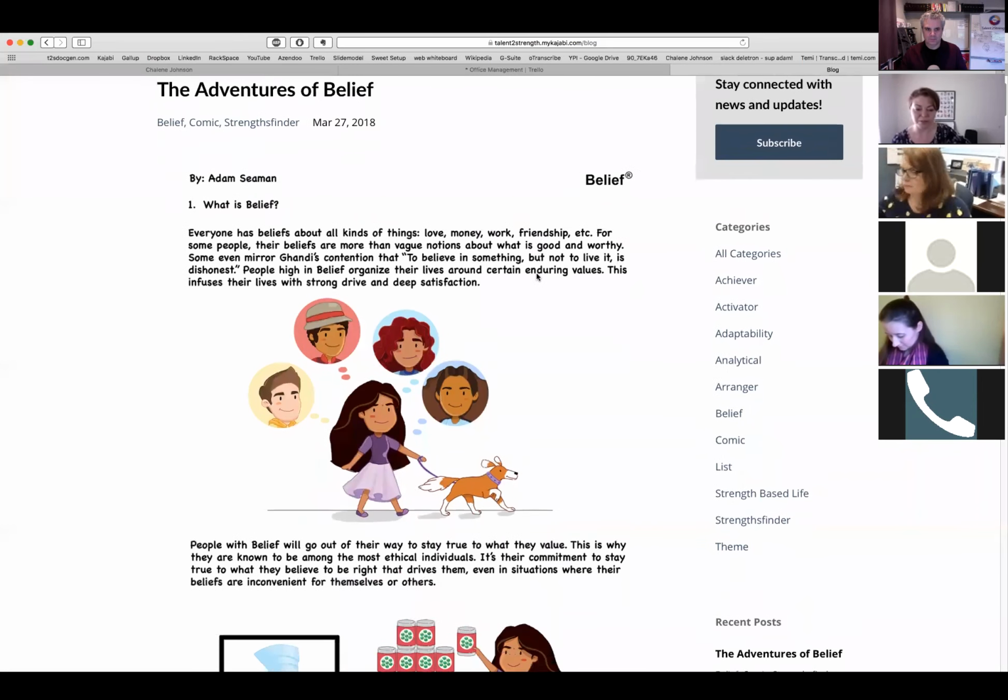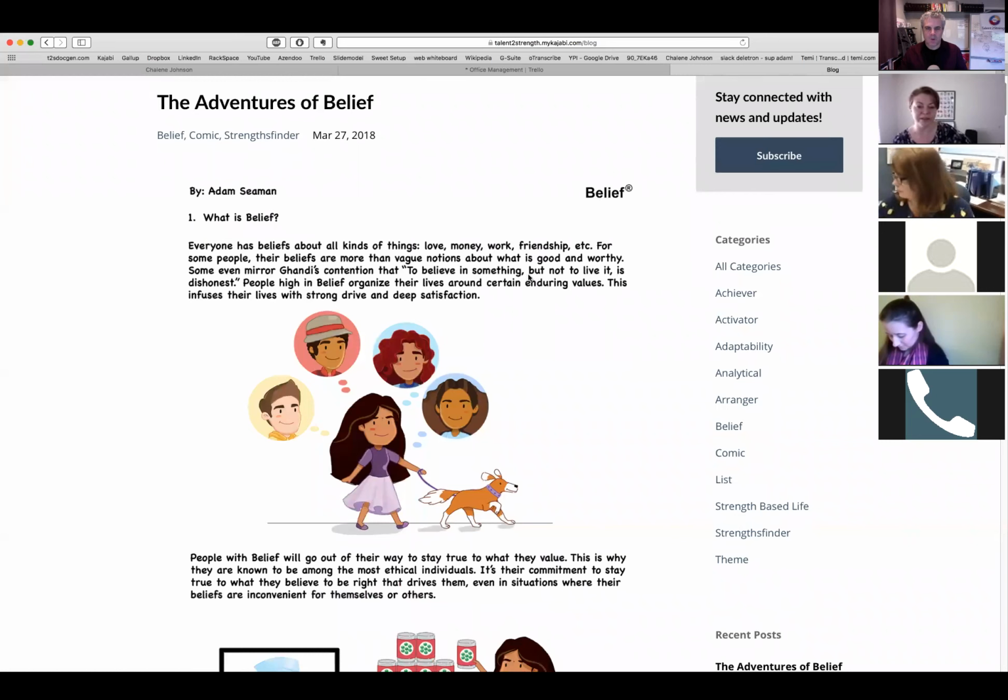So that kind of gets us into the executing themes, but we can stay on the topic of the Ruts worksheet. I just want to make sure we do cover the executing themes tonight. What you often will see, because of the domains, is that some of them, like Achiever and Discipline, are very task-oriented.